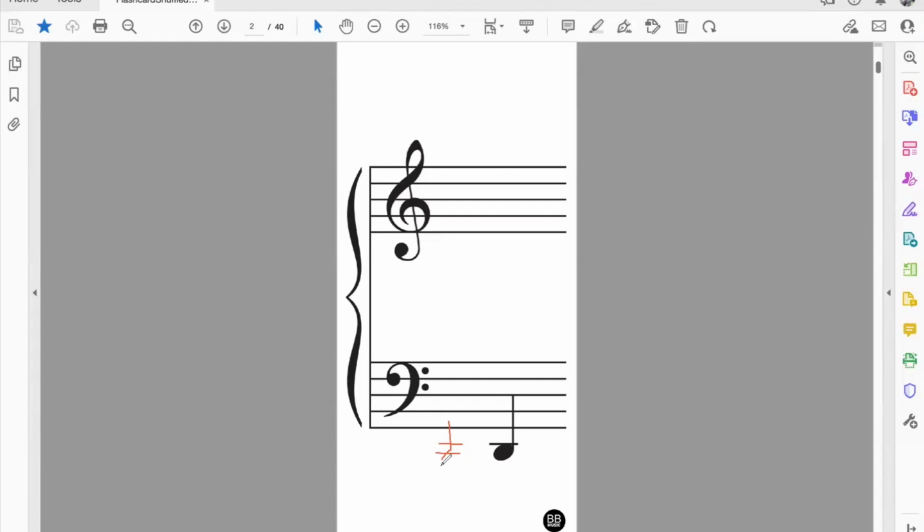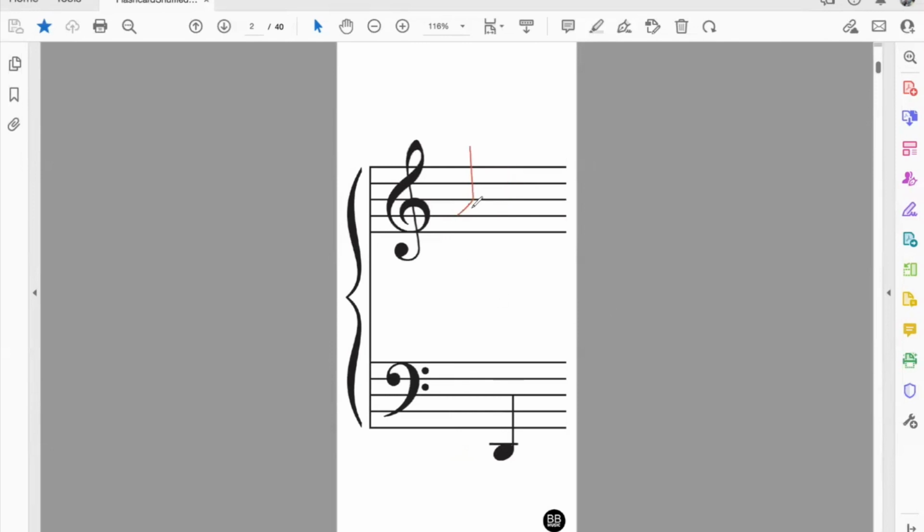A line to a space is a step. True? A space to a line is a step. True?